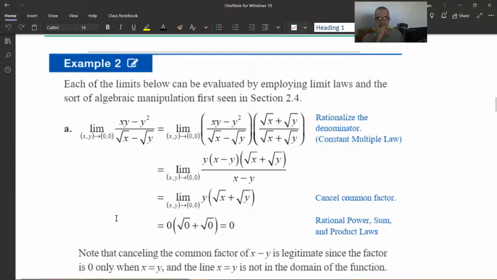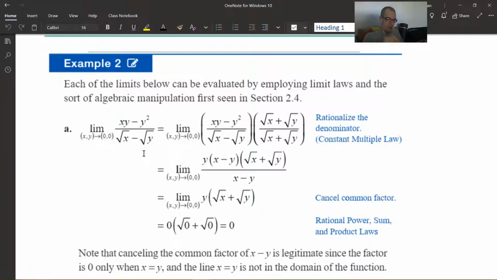If you were going to try to plug 0, 0 in right off the bat, you would get a bunch of zeros on top, and you'd get the square root of 0 minus the square root of 0 on the bottom, and you'd be in a 0 over 0 situation, an indeterminate form, and you'd be out of luck.